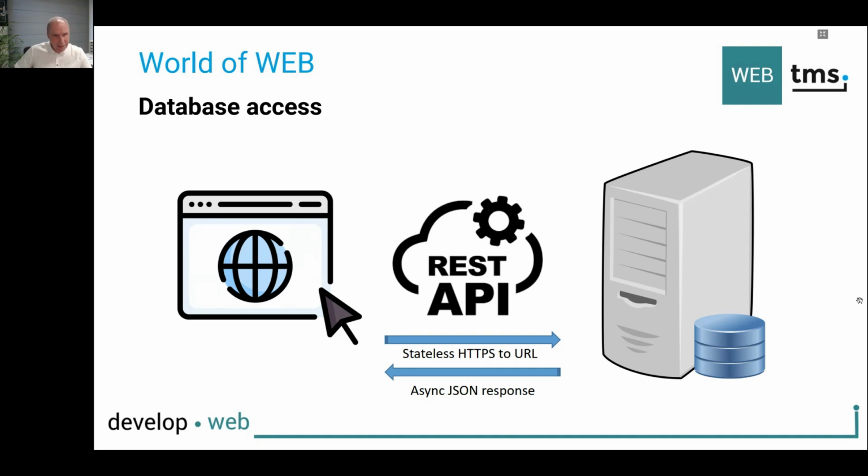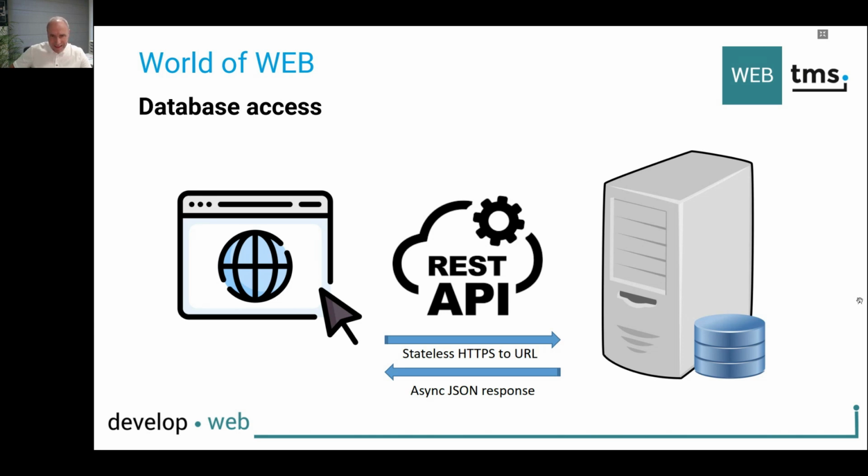So the REST API is used by the web application to perform HTTP get, put, post, delete requests to get and update and delete data and so on. If we talk about REST APIs, for us as Delphi developers, there are a lot of possibilities to create such a REST API.